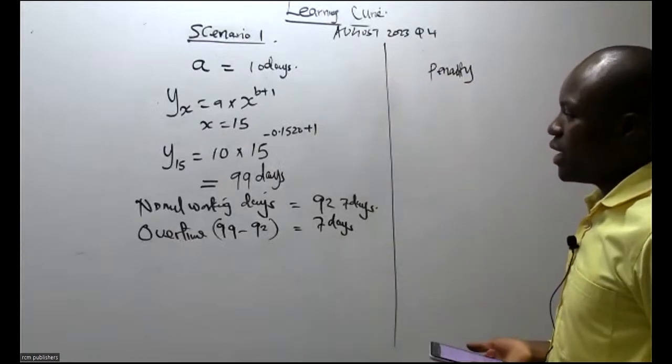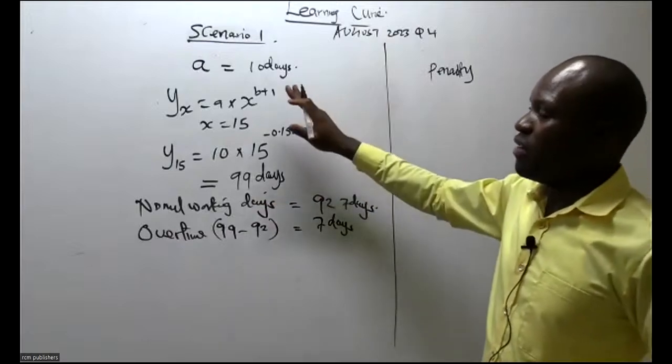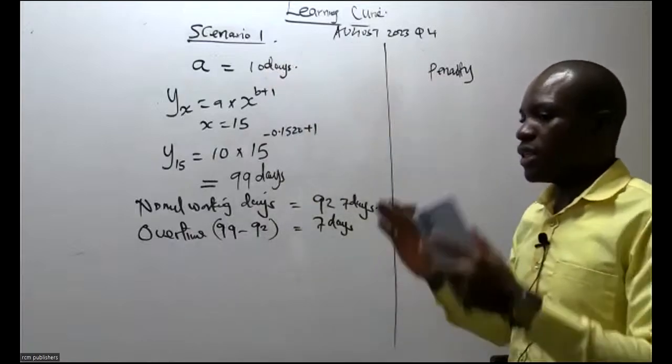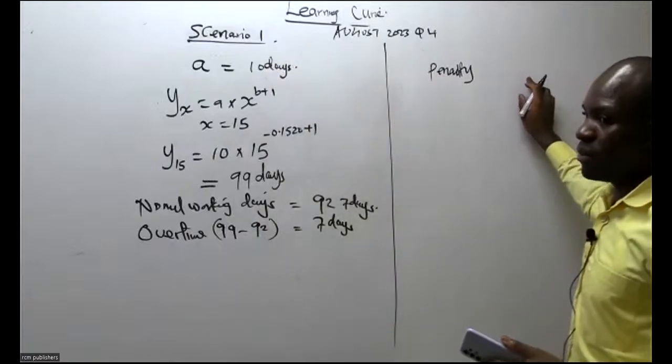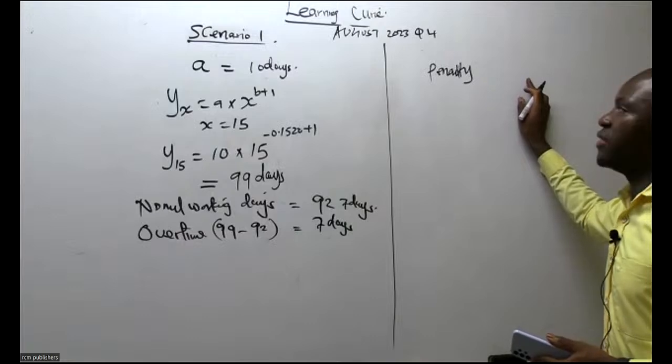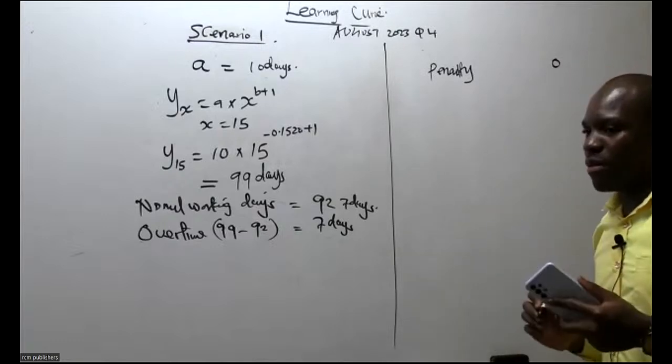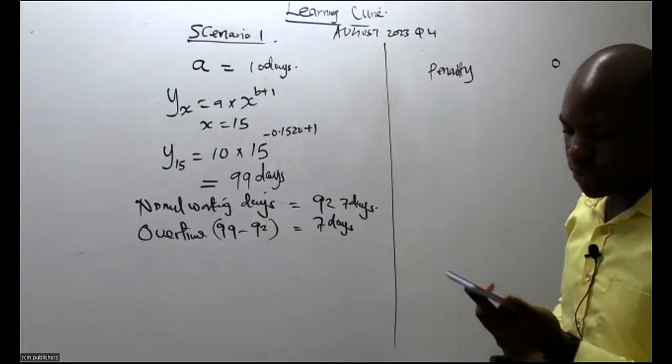Their normal working days is 92, but they have decided to work overtime to deliver 15 buses within the stipulated period. So how much will be the penalty? Zero. Thank you. They have decided to deliver all the buses within the allowed period.